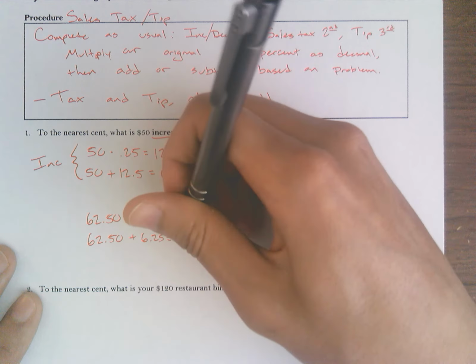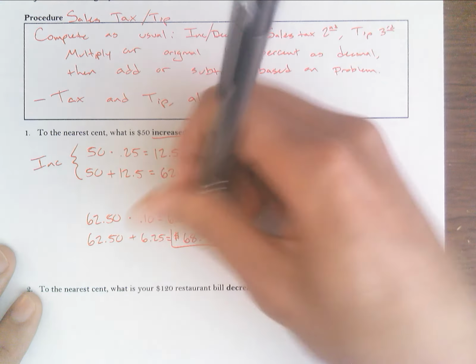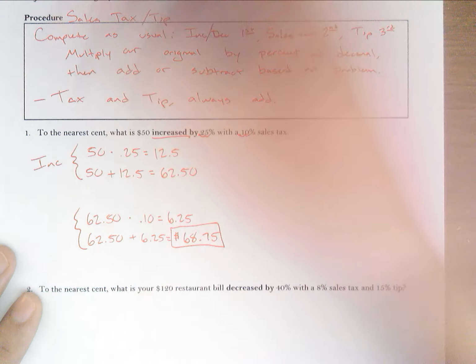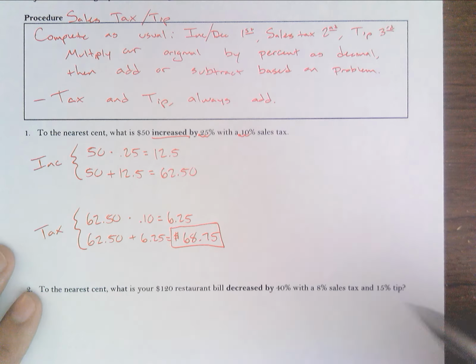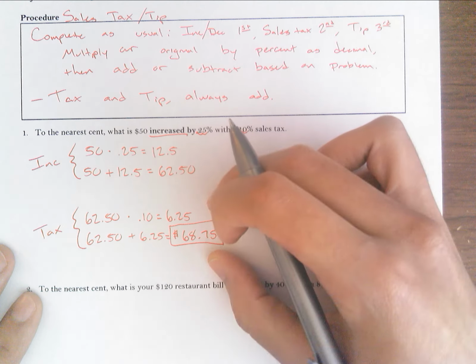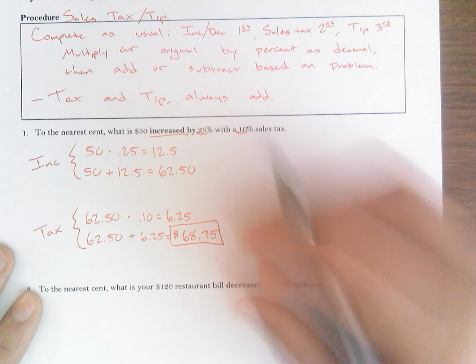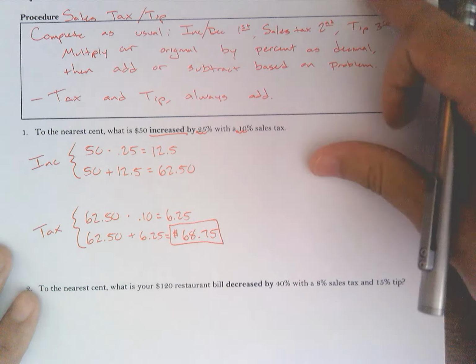As a dollar, $68.75. That is our final answer. So this second bit here was calculating the sales tax. See how we've broken this down. We've done the process twice. We've calculated the percent increase, and then we've calculated the increase by the tax. And then our total is that 68.75. Let's do one with the tip.